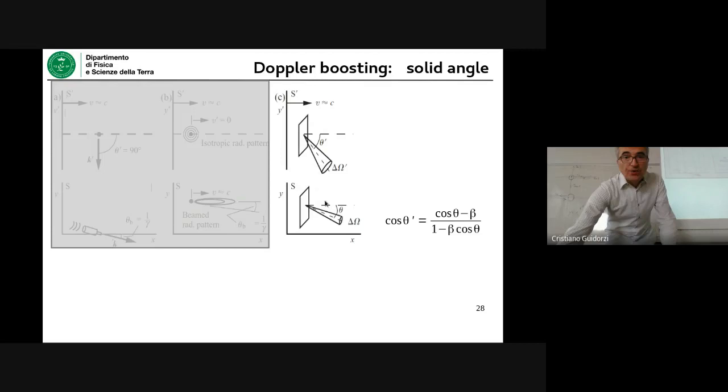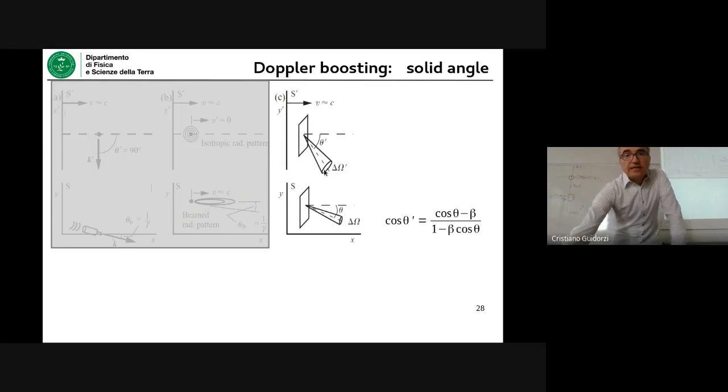And in particular, we already know why in this figure theta is smaller, and in particular, the cone is closer to the direction of motion of the source. Now we want to investigate how the solid angle itself changes.